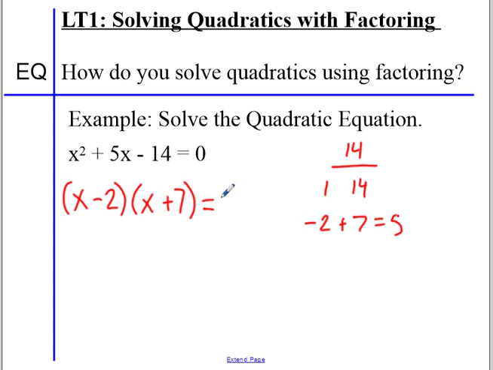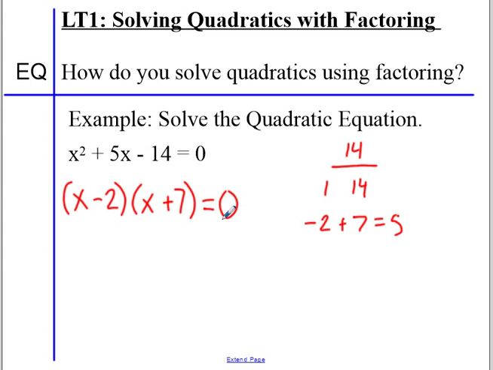The only difference now is it does still equal 0. By equaling 0, it makes this problem actually solvable. The only way to create a 0 by doing the multiplication of these two parentheses next to each other is if whatever is in the first parenthesis equals 0, or maybe whatever is in the second parenthesis actually equals a 0.